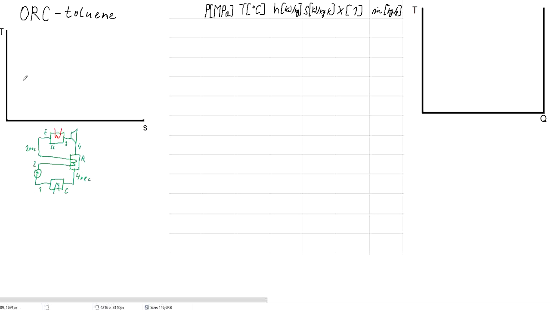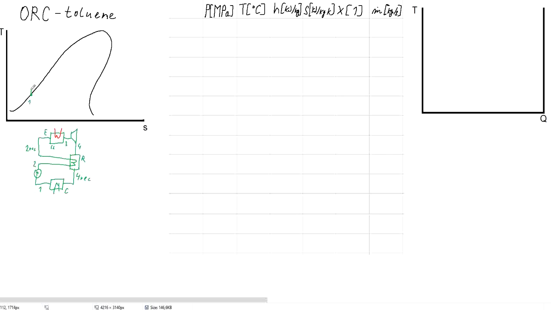How does it look in the TS diagram? So the saturated liquid and vapor curves of fluid like Toluene will look something like this. And we will start with the point 1. For simplicity, no subcooling, so at the saturated liquid level.